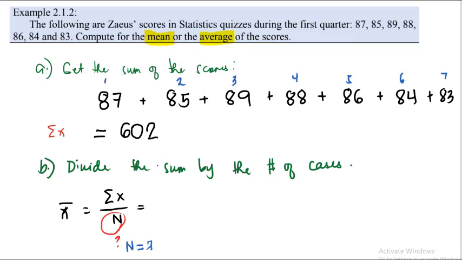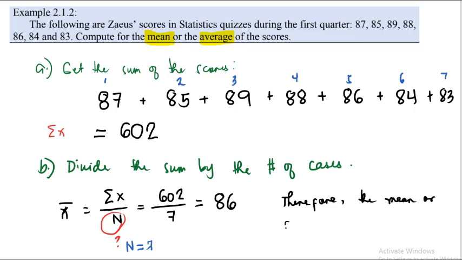And we will obtain 602 divided by 7 equals 86. Therefore, the mean or average of the scores of Zeus is 86.